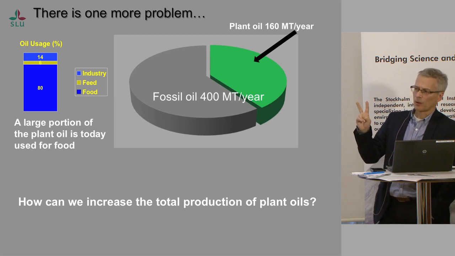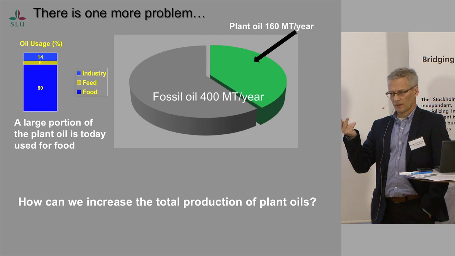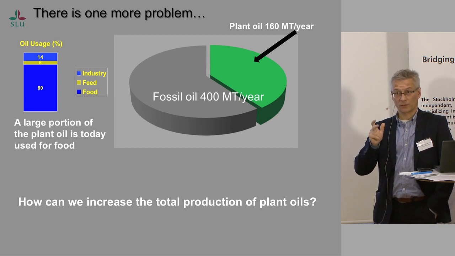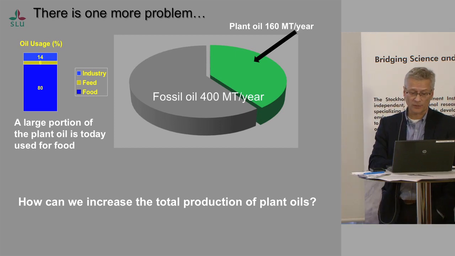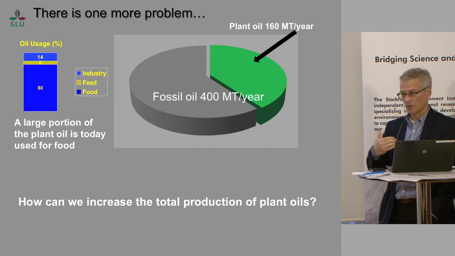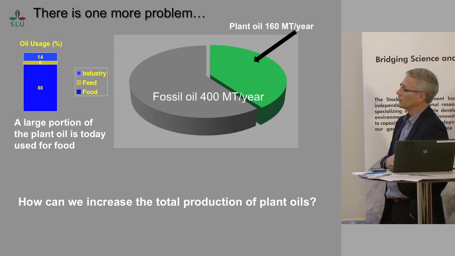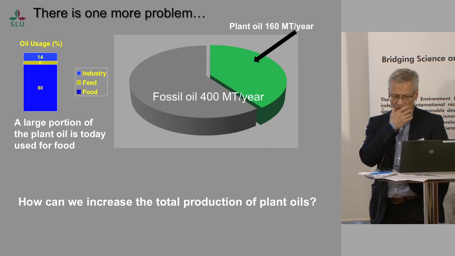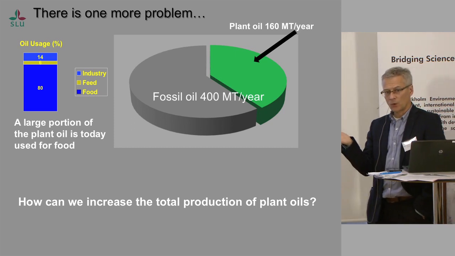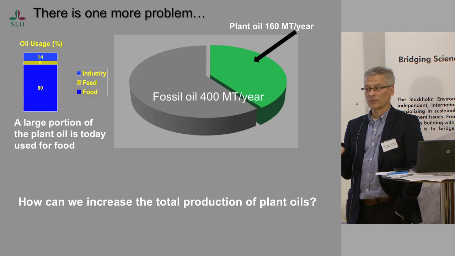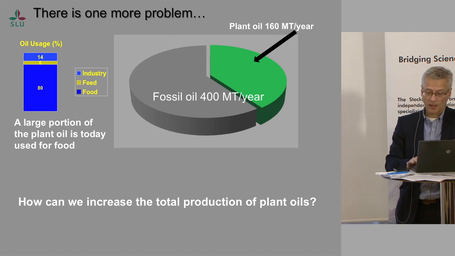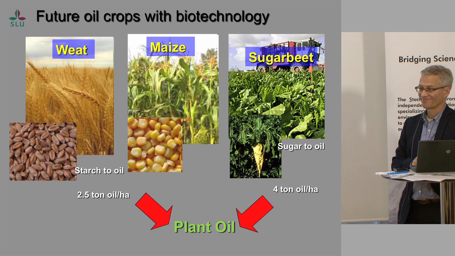So there are 2 problems besides the GM controversy, and that is, as I was saying from the beginning, we have too little plant oil today to really make a difference in replacing the fossil oil. So another field that we are also looking into is how we can increase the amount of oil production. And that is a completely different story.